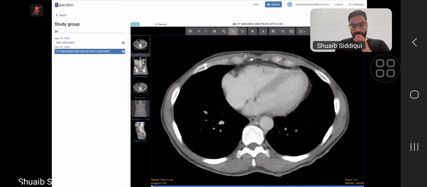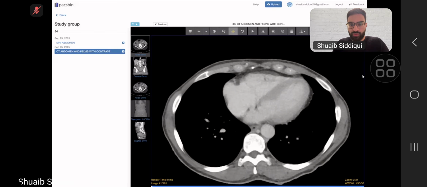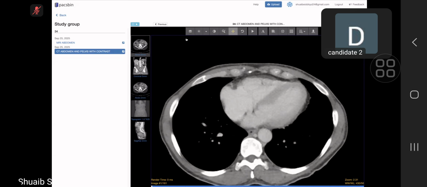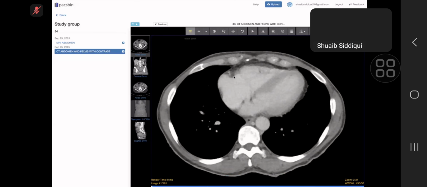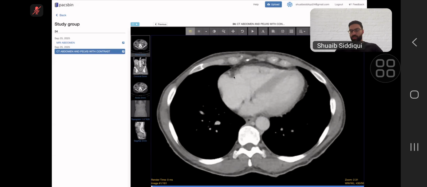Okay, so you should have control. You might need to just go to the pan function at the top. So I'll just do that for you. Don't move the mouse, don't click anything, please. Okay, go for it. Your time starts now.